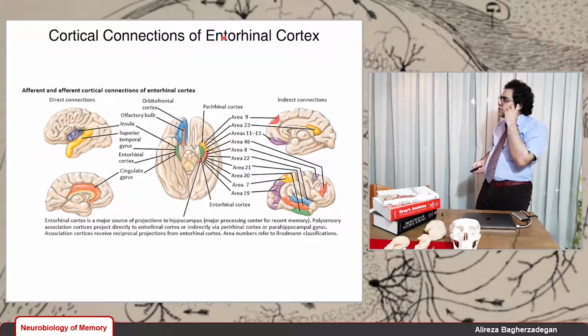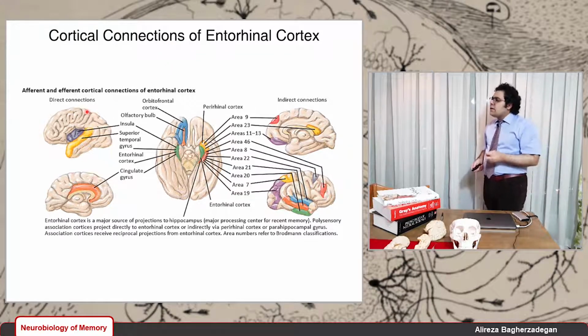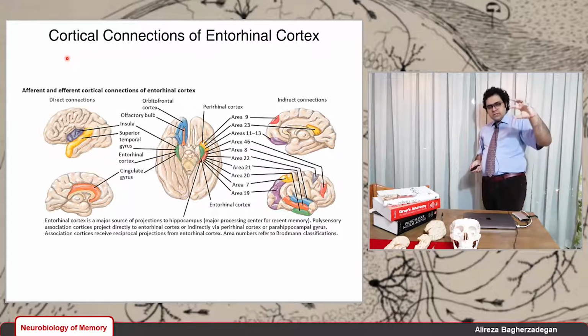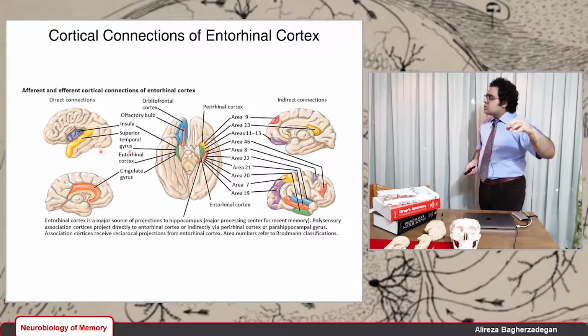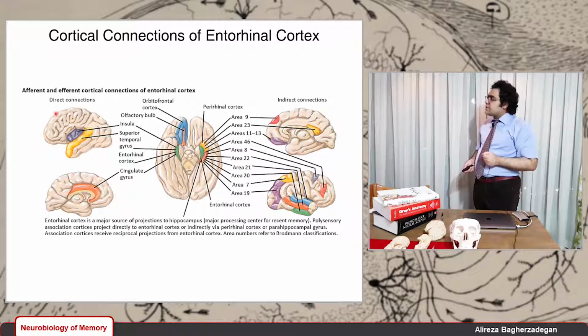Okay, so I told you that the entorhinal cortex, which is part of the medial temporal lobe, is a major source of projections to the hippocampus. Different cortical and subcortical areas project to this entorhinal cortex, and from there they send inputs into the hippocampus. You can see that different parts of the cortical areas project to the entorhinal cortex.